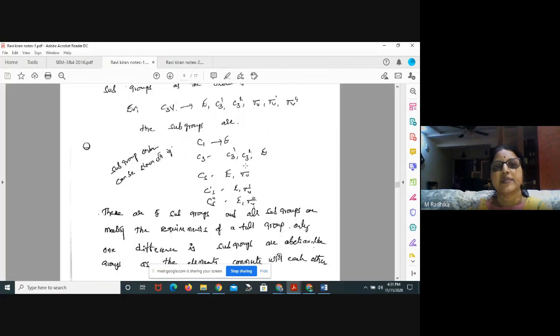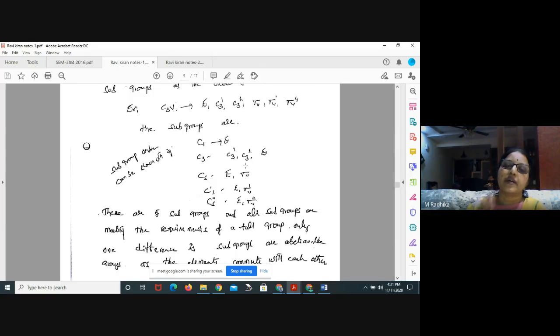Now we will take an example, C3V. When you look at this C3V, what are all the subgroups? An example is ammonia. In the ammonia molecule, the elements will be identity, C31, C32, and three sigma V's.